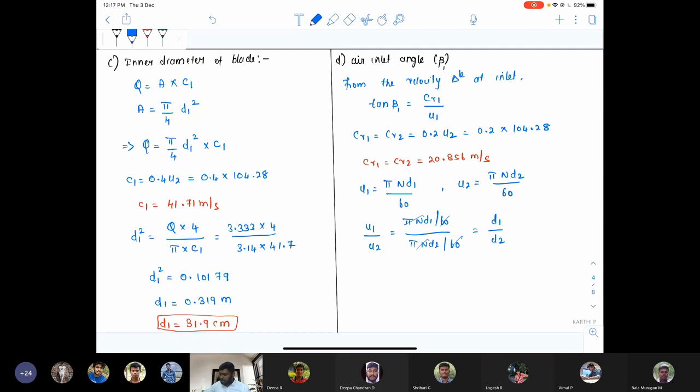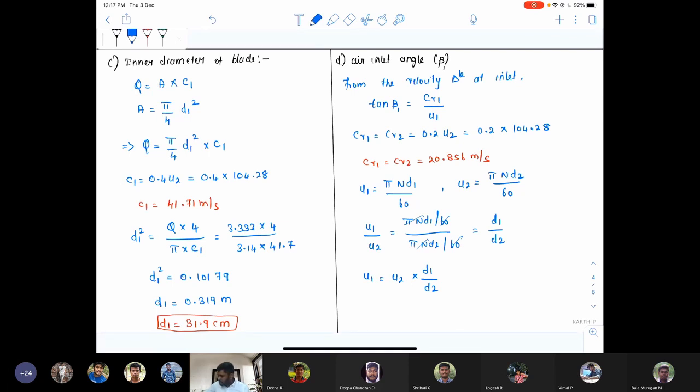The equation will become U1 equal to U2 into d1 divided by d2. We have the value of U2, d1 and d2. All these three values are known. On substituting, you can get the value of U1.